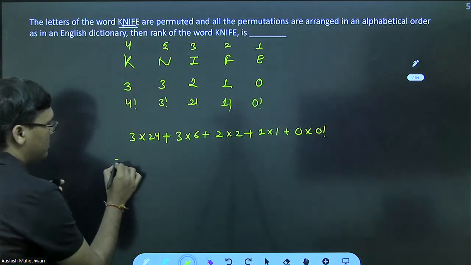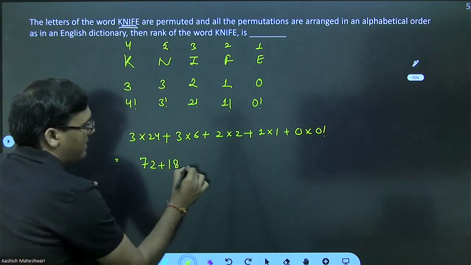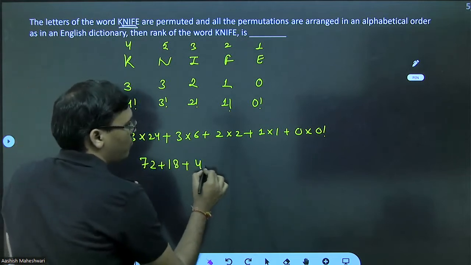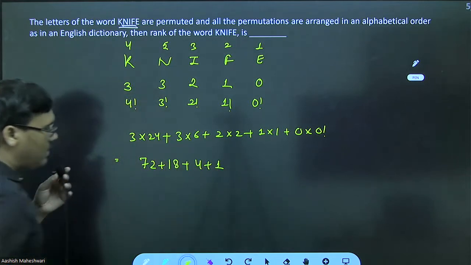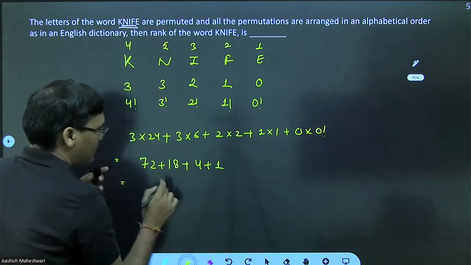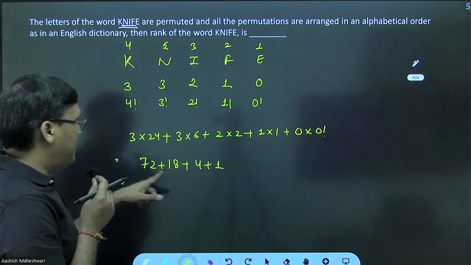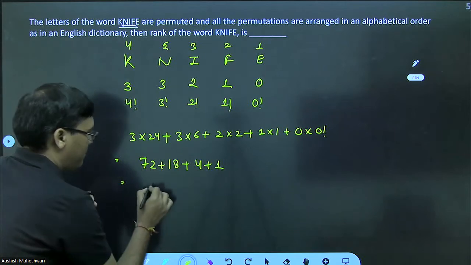So what is this? This is 72 plus 18 plus 4 plus 1. Yes, this is clear. So what is this? You can see here, this is 20. You can see this is 80, 90, 95.